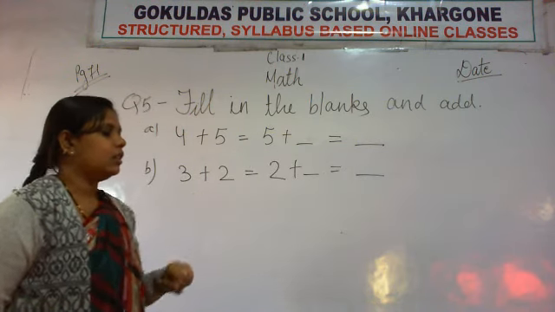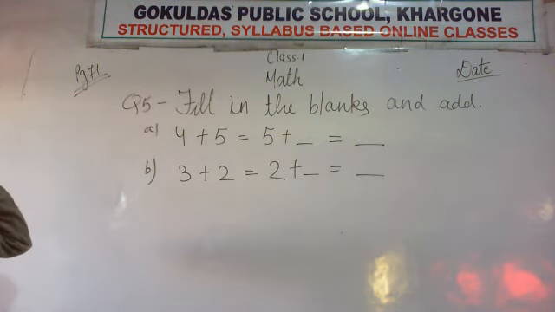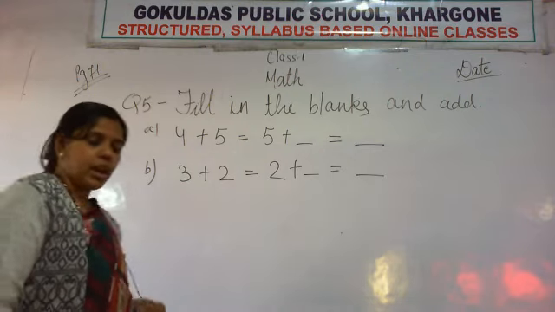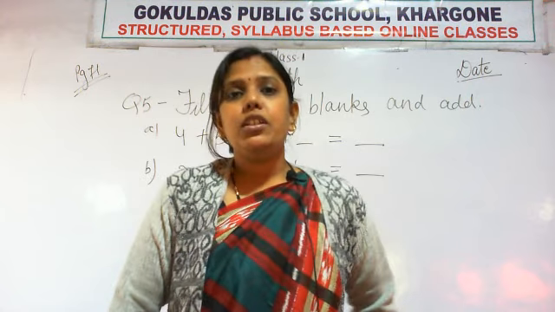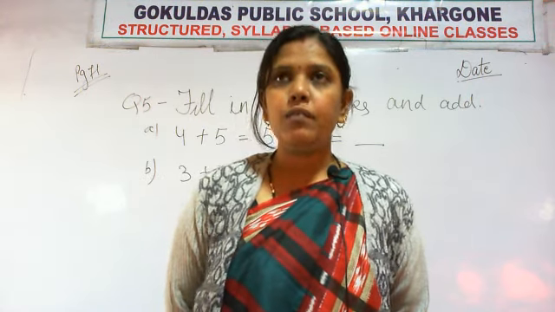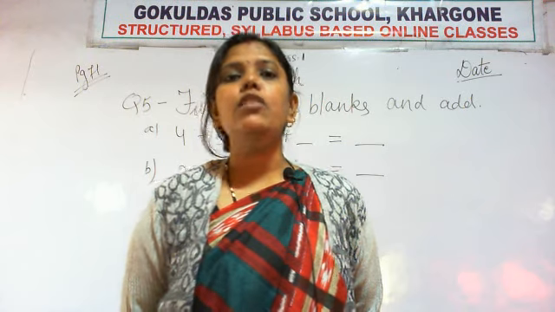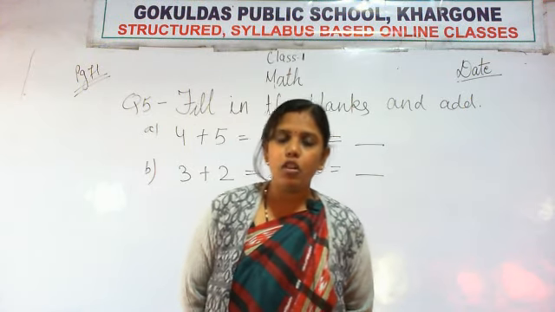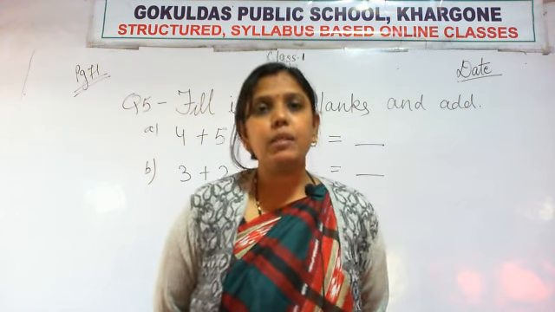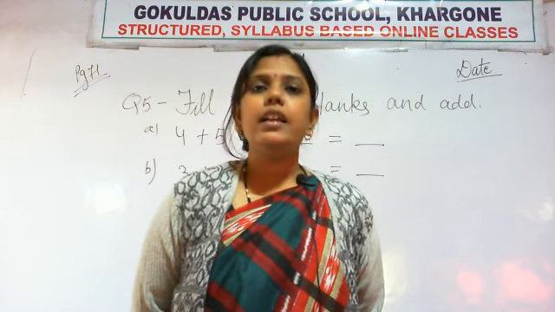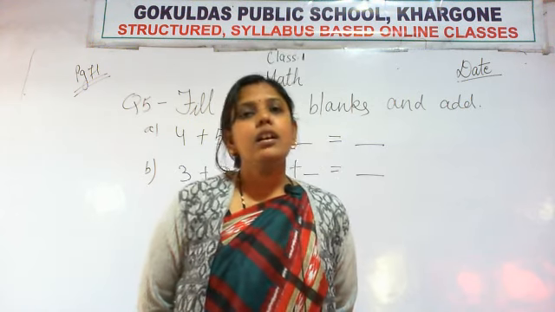What number will come in the blank? I explained before, addition fact: if we change the order of the numbers in addition, or the position of a number, then there is no change in the result.